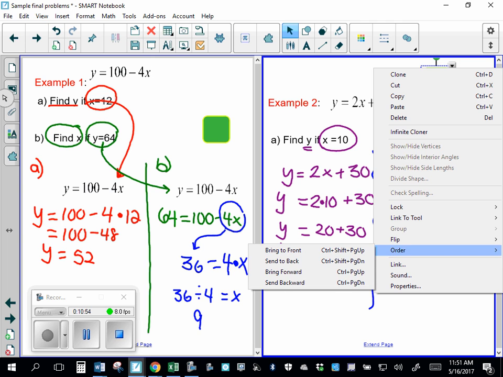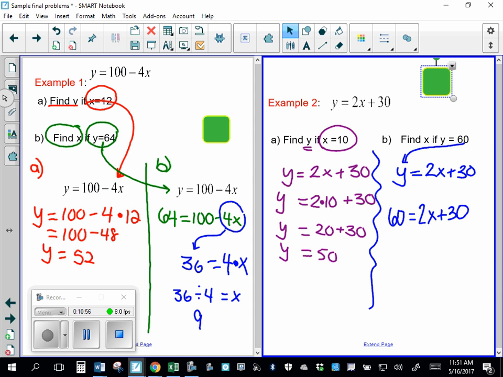Yeah, 30, because you have to think about what plus 30 makes 60, right? So think about that being a missing number. That missing number has to be what, Sandra? It has to be 30 because 30 plus 30 makes the 60. So that means that this has to be 30. So what does x have to be?